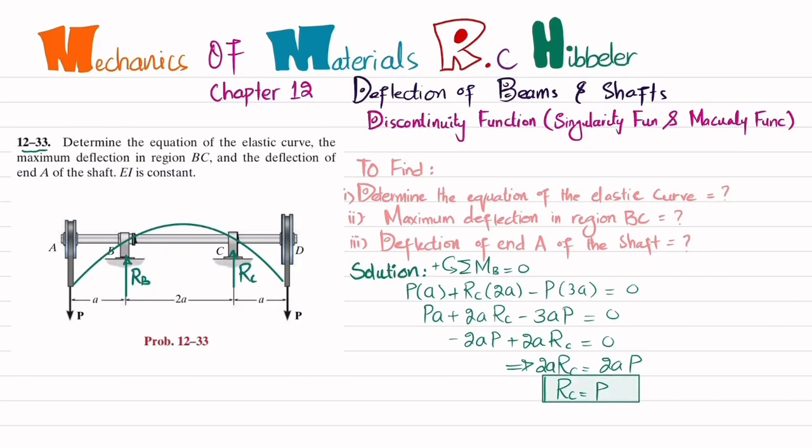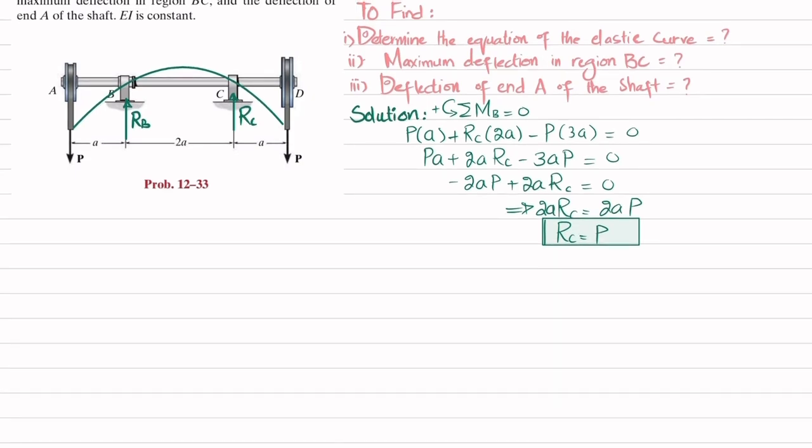Now you will find RB by using the equation of equilibrium, that is, the sum of all forces along the y direction must be equal to 0, with upward force taken as positive. The first P is downward, so minus P plus RB plus RC, which is P, minus the last P, is equal to 0.